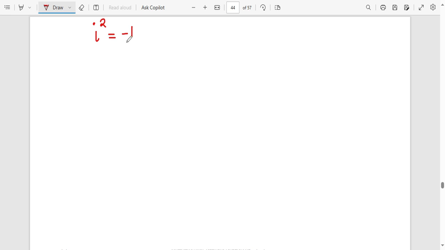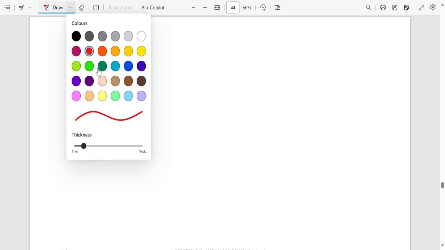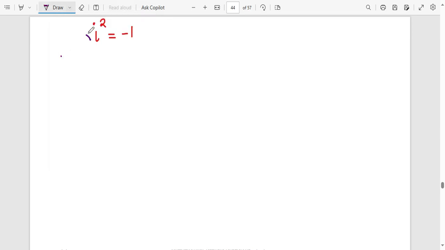Now, if I multiply both sides by i, on the left by i and this side by i also, what are we going to get?